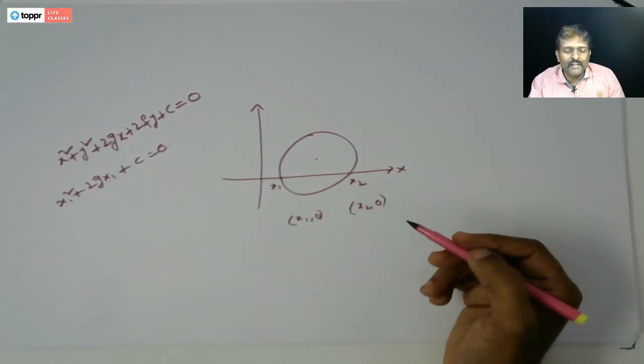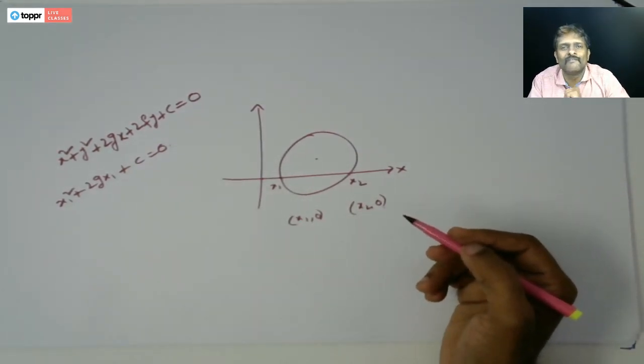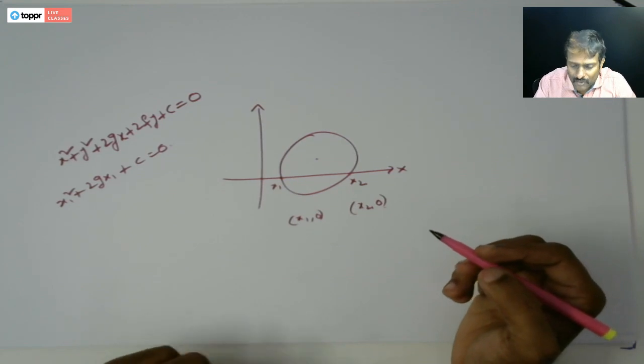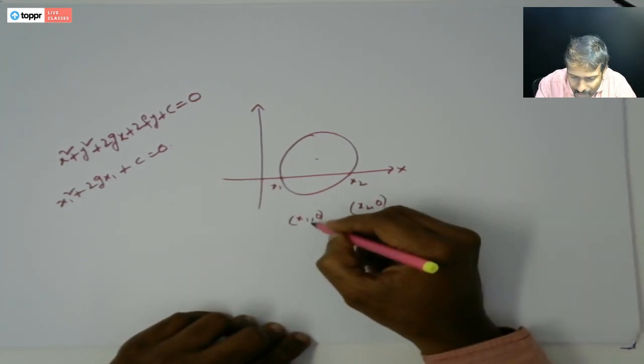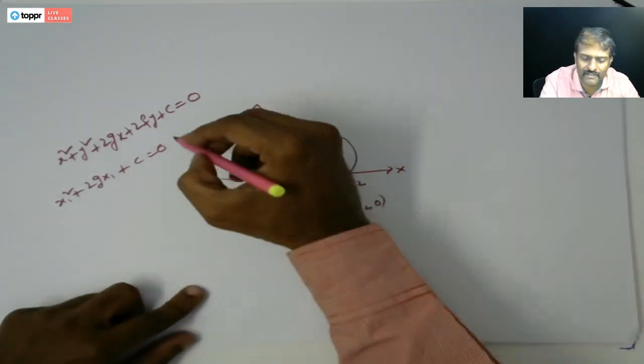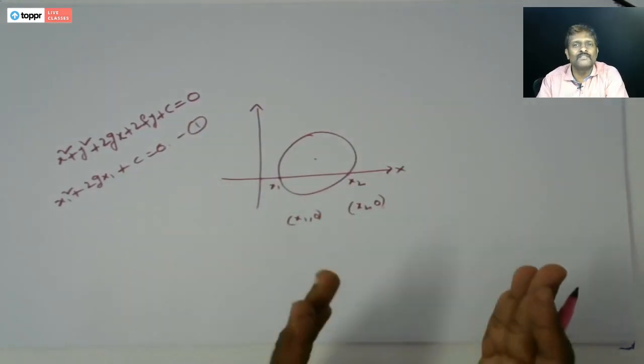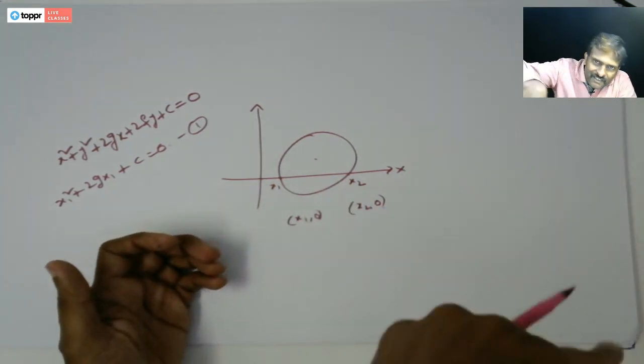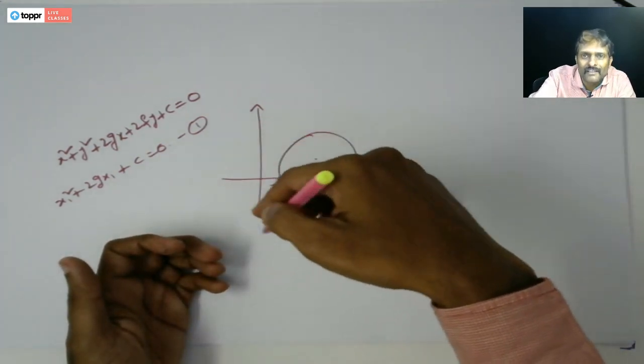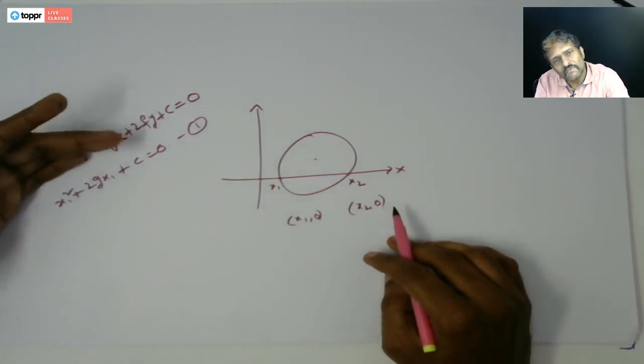So I got a quadratic equation in one variable now. You understood, right? I get two equations. This is my equation 1, when I am substituting the first point, x1 comma 0, which is a point on the circle. If this is a point on this circle, it should satisfy the equation of the circle.